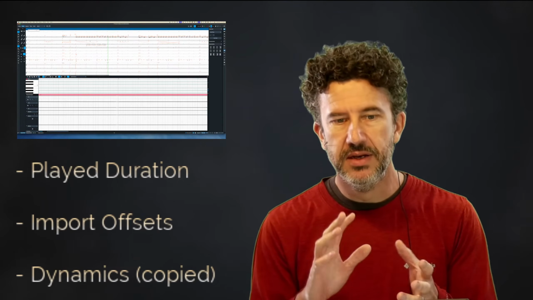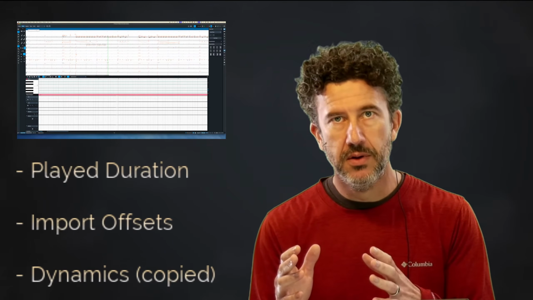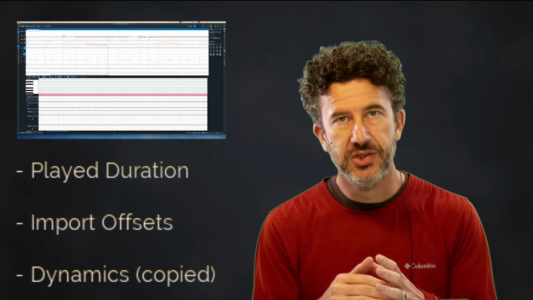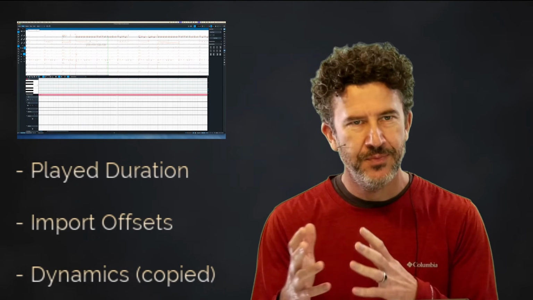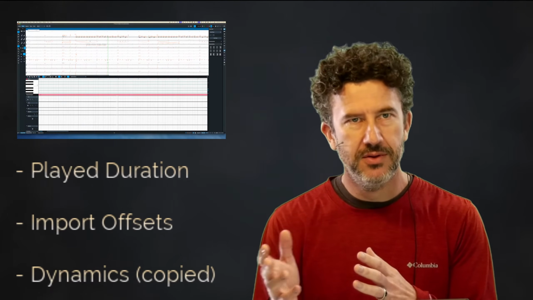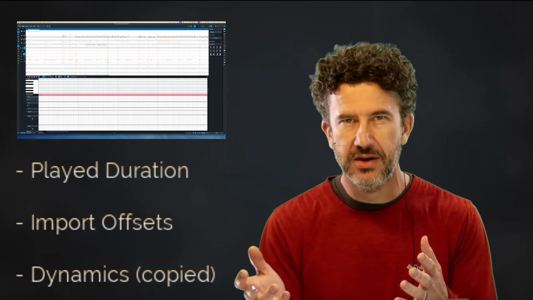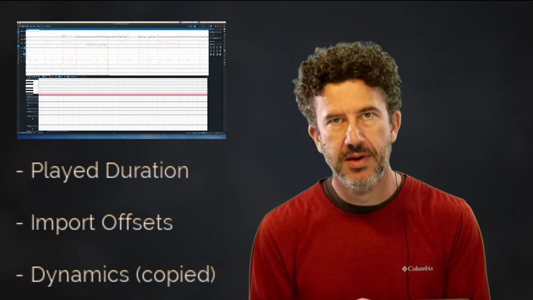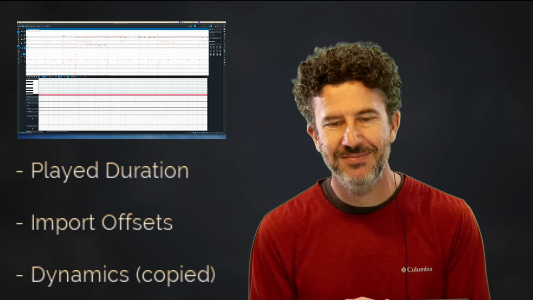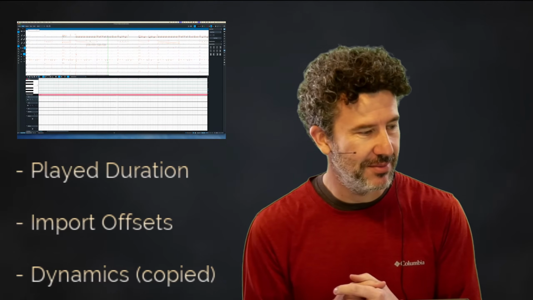But just be aware that if the dynamics don't seem to be conforming to your dynamic settings and expression map settings as you'd expect, or it's not sounding right, you've got a piano oboe and a mezzo forte flute, and you still can't hear the flute, go ahead, select all the notes, hit Reset Playback Overrides, and 9 times out of 10 that solves my problem. I imagine it may solve your problem as well.